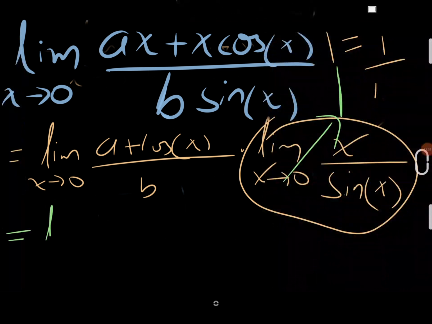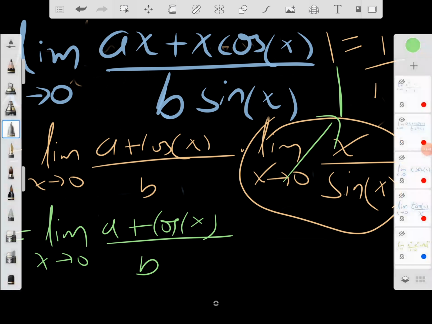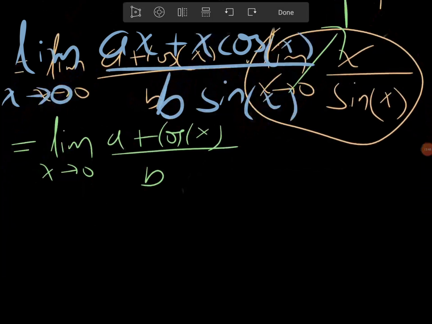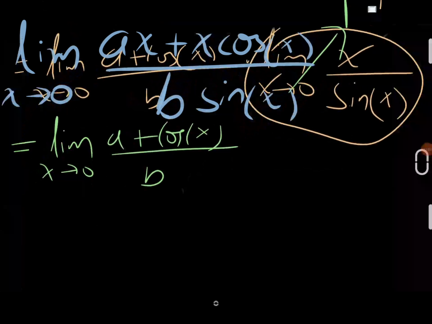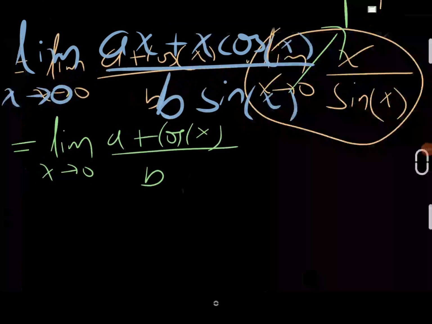So what do you get? Now you get limit x tends to 0, a plus cos of x whole divided by b into 1. So now what do we get? I'll put the value of x now, shortcut method.